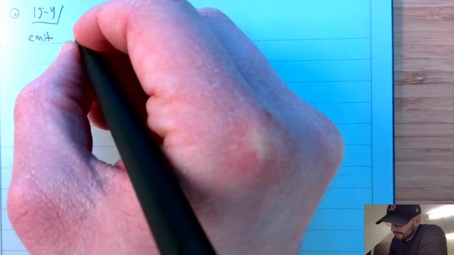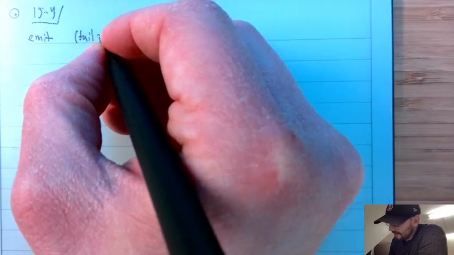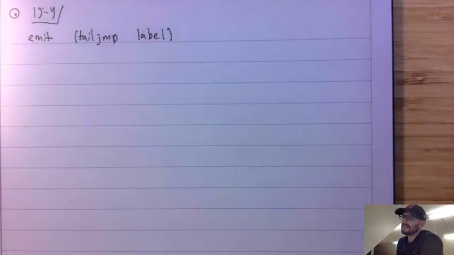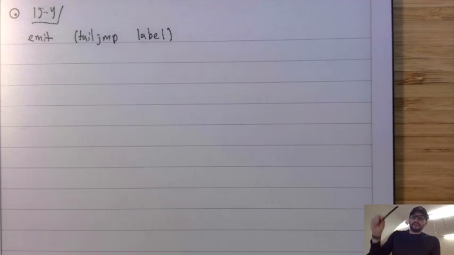But now let's talk about tail jump. So how do you emit a tail jump? What is a tail jump? The idea of a tail jump is that if you have a function f and it ends by calling a function g, like our even odd function is like this, then after we're done calling g, we don't need anything left over from f.